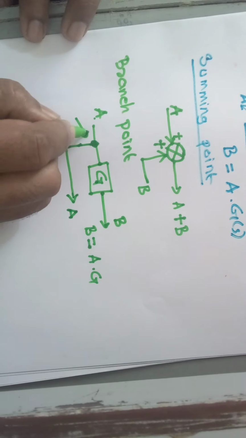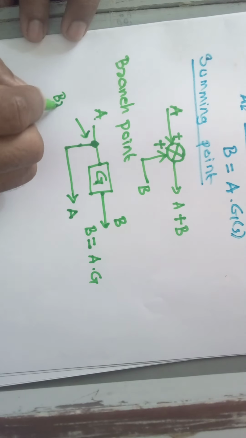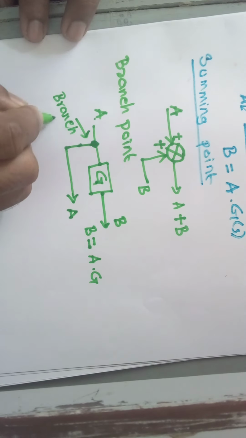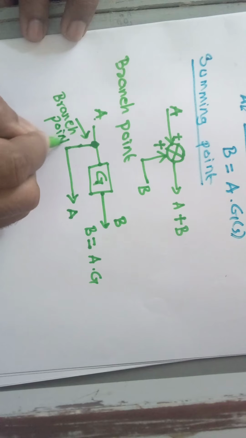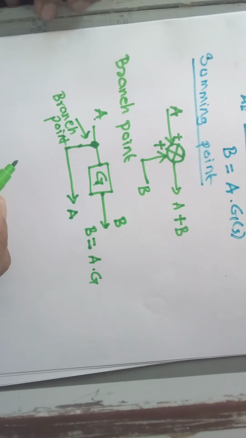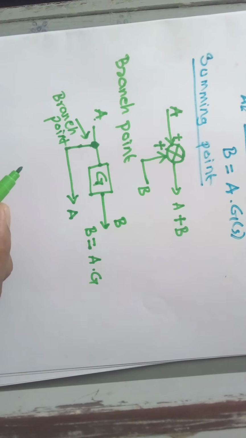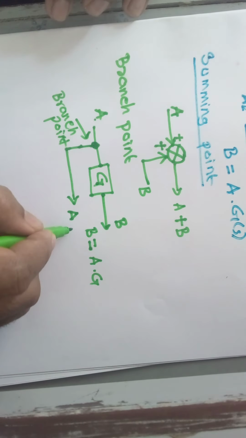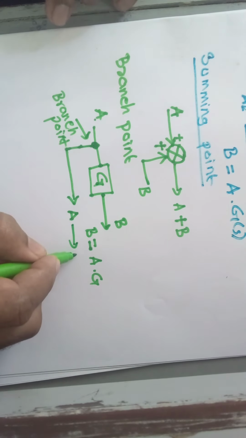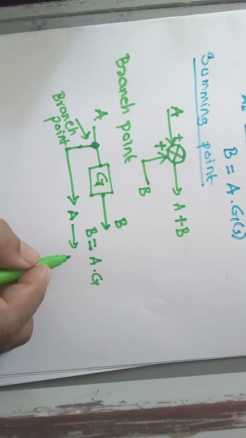Therefore this point is called a branch point. Now is it clear? A branch point is a point from which the signal from a block goes concurrently to other blocks, or it may go to another block or to some other summing points also, right?